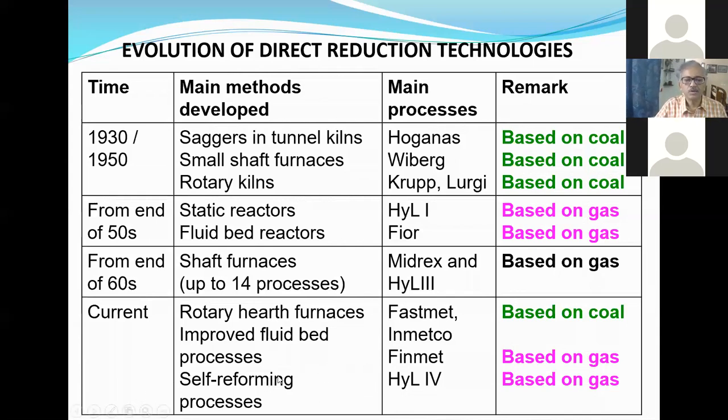And then you have the self-reforming process, that is the HYL-4 process, where you don't have the outside reformer. You can directly charge the natural gas into the reduction reactor, where the natural gas will be self-reformed in the presence of nascent iron.